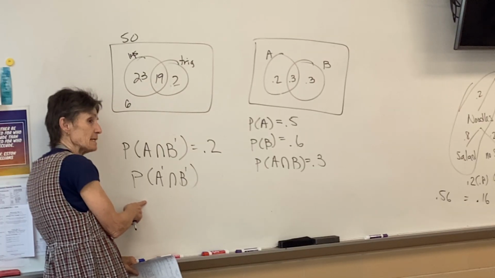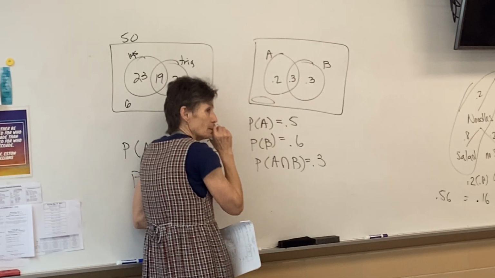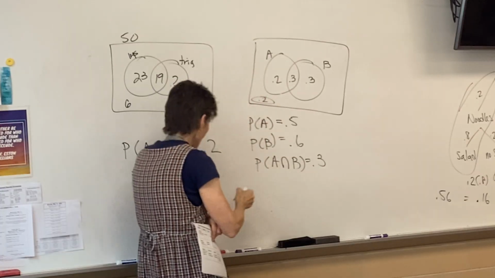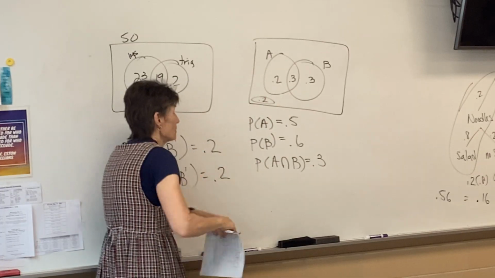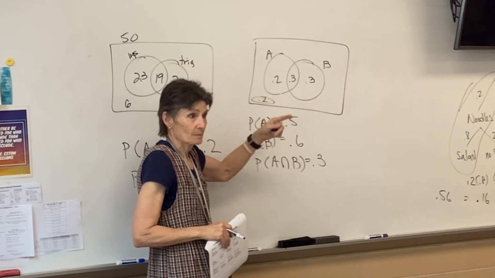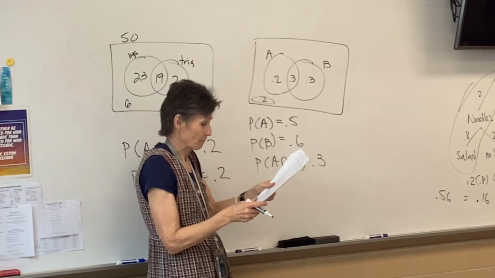How many don't like either? Well, wait a minute. That would be out here, right? How many people are out there? How do we know there's 0.2 out there? Because these only add up to 0.8. Guys, with me? Yep. Easy.